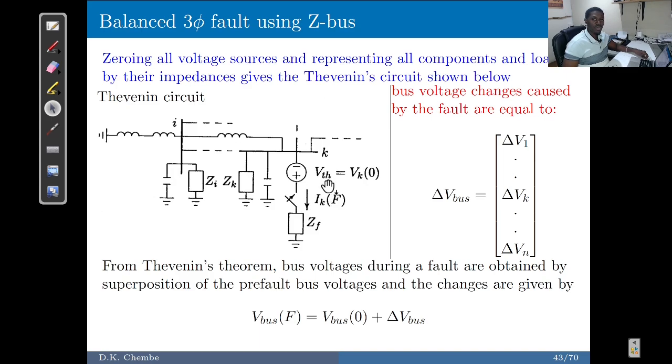So our Thevenin's voltage is equivalent to Vk0.